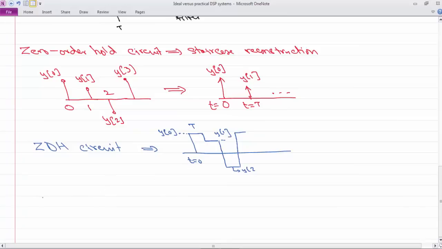So if you remember your sinc interpolation formula, or just the reconstruction formula, it is the sum over n from minus infinity to infinity of y of n times hr of t minus nT, where hr is the impulse response of your reconstruction filter.